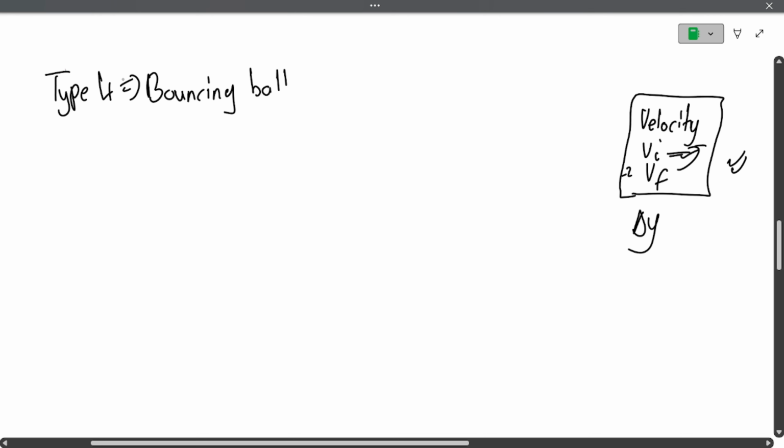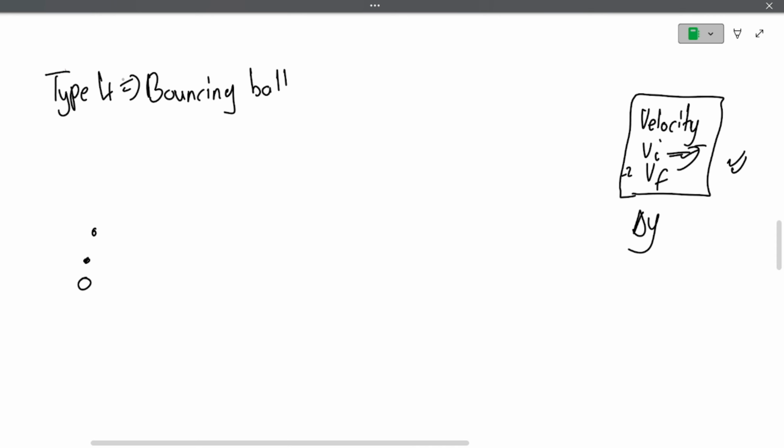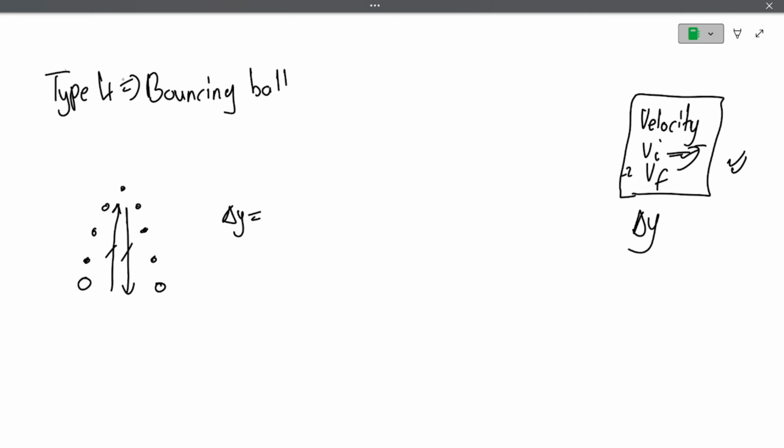Now, what do we know about the displacement, or the change in y, of this motion? You have to know that when the ball goes up to the maximum height, then comes back to the initial position, the change in y going up will cancel with the change in y going down, meaning that the total displacement of this whole motion is equal to 0.